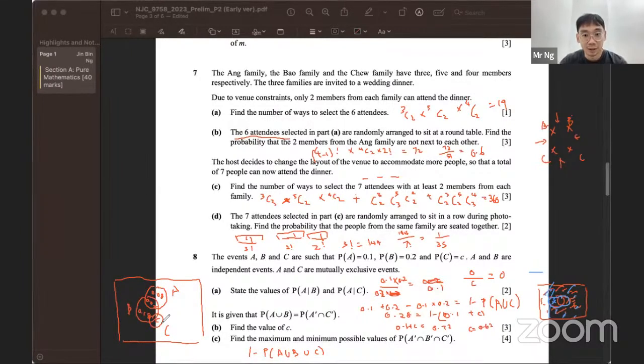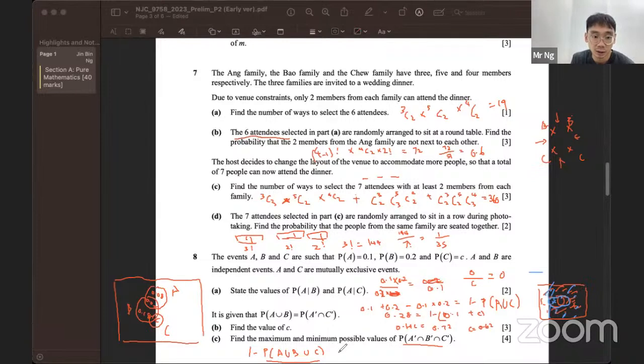If we have the maximum value of this, that corresponds to the minimum value of this. The maximum value of this is when C is not fully enclosed by B, when C is being fully pulled out. Then you can calculate this area plus C by itself, instead of C having some overlap with the 0.18.